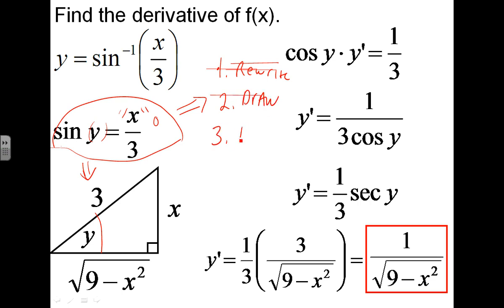Third step, implicit differentiation. Fourth step, get y prime by itself. And the fifth step, use your triangle to give you the substitutions. All right? I'll leave those up there for a few minutes so I know everybody's writing them down.